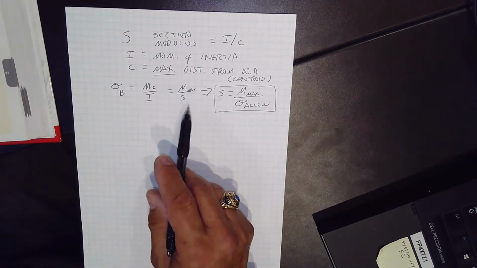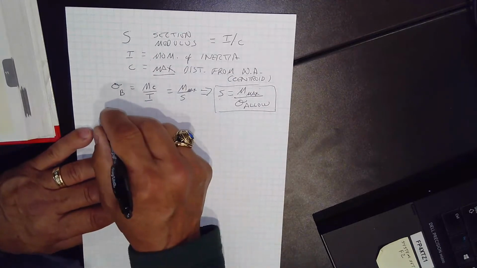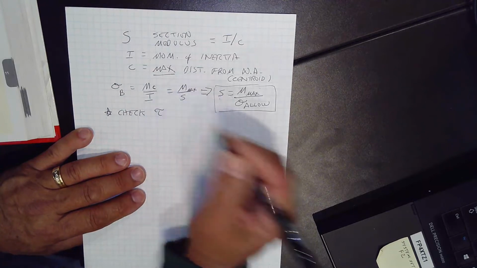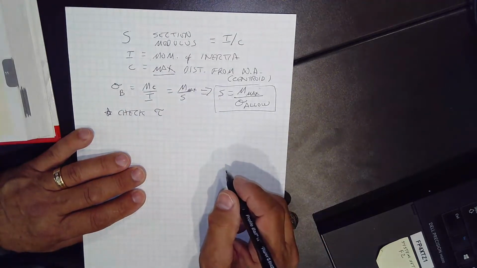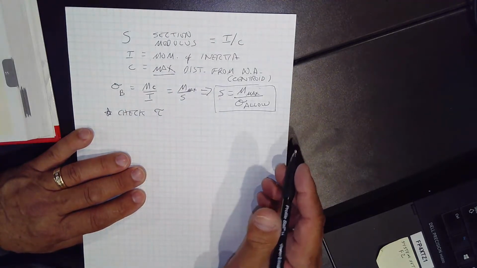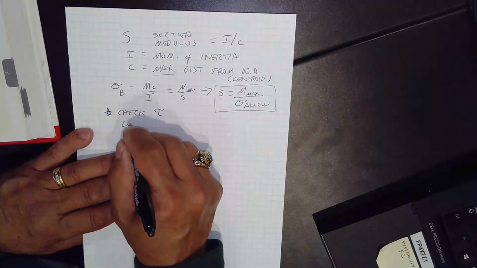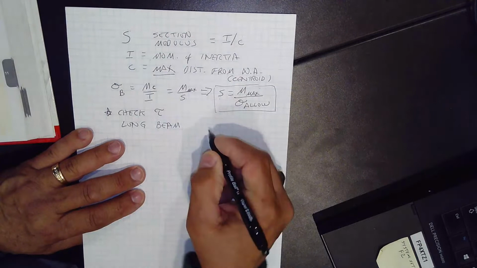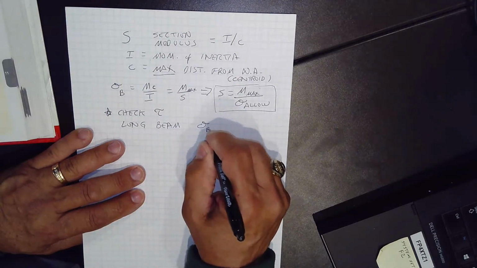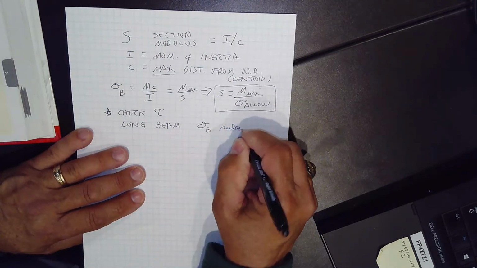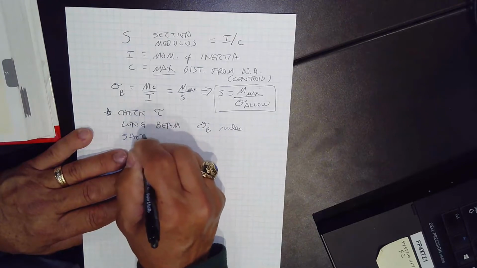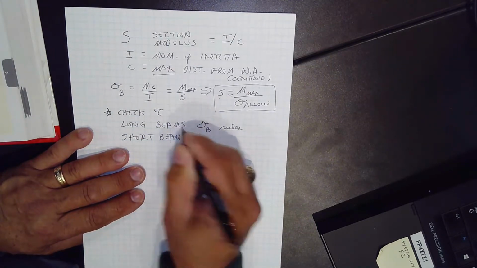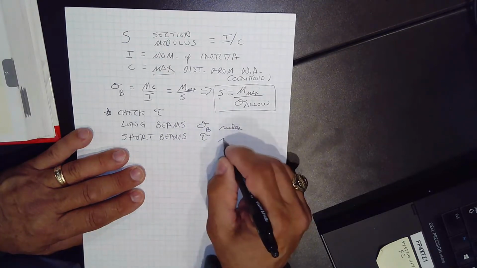Okay, so then we still have to check for shear stress. The reason is, for long beams, bending stress rules. But for short beams, shear stress rules.